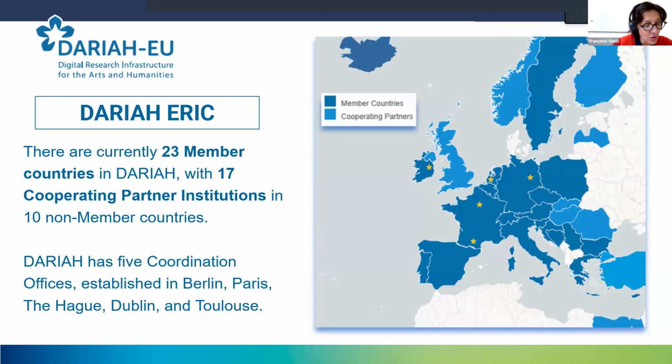These indicators are organized into 3 level categories: usage, effectiveness, and impact, and draw on data from national consortia as well as from European and international contexts. You can see also that the DARIAH team has 5 coordination offices established in Berlin, Paris, The Hague, Dublin, and Toulouse, where we are based with Laure. Today we are talking to you from Toulouse.